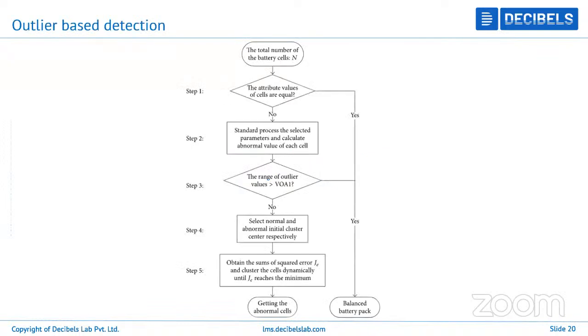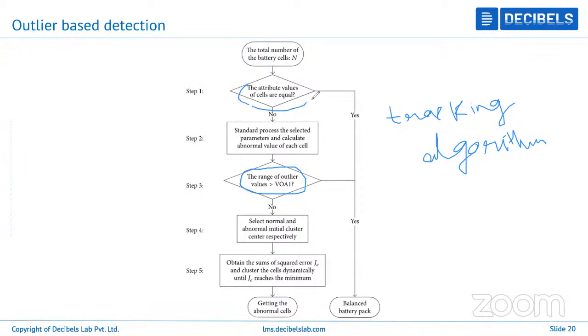So the last one is outlier based detection. As I said, it is a tracking algorithm based on neural networks, where certain values and parameters are calculated. The attributes, as I said, are parameters like voltage, state of charge, energy and capacity.